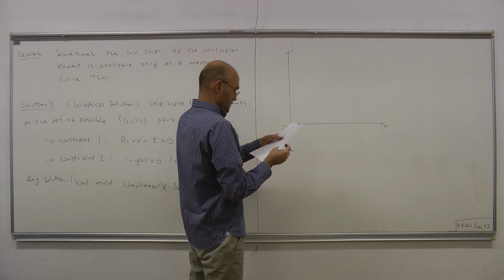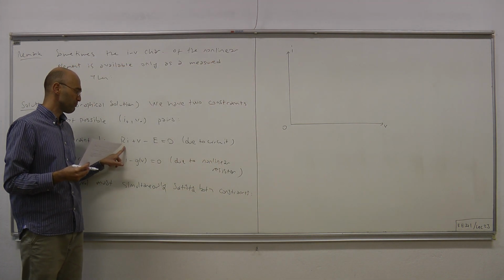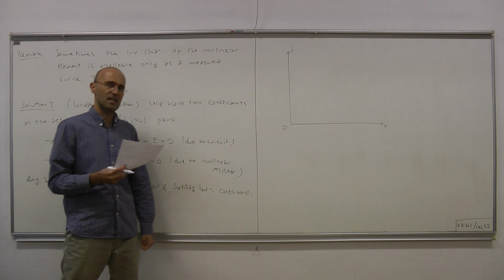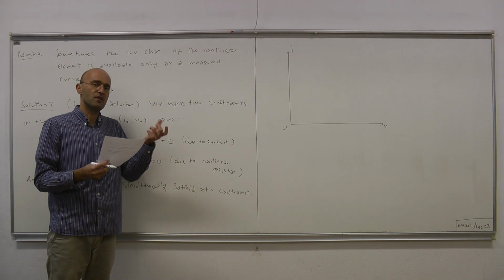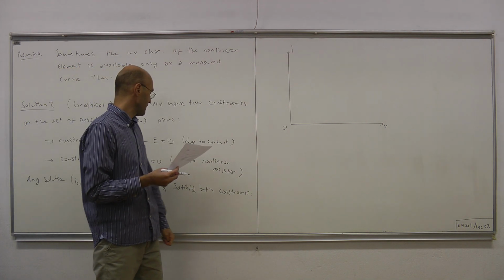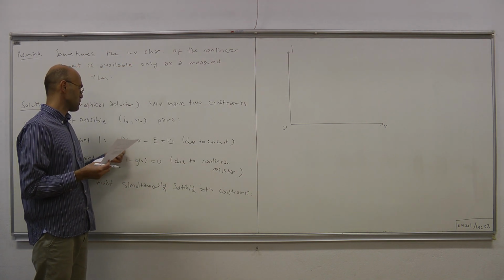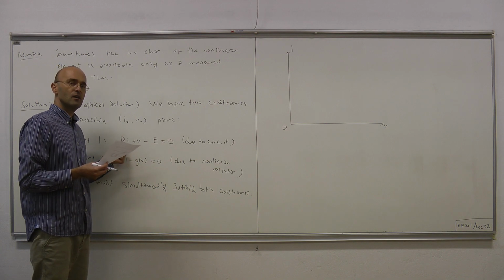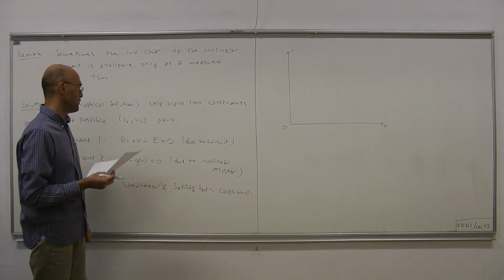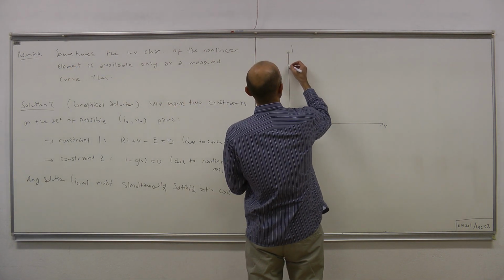And so we have the first constraint, Ri plus V equals the constant E, the voltage provided by the voltage source. So this describes a line, and its slope depends only on the resistance of the linear resistor. If you draw that line, this is what you have.